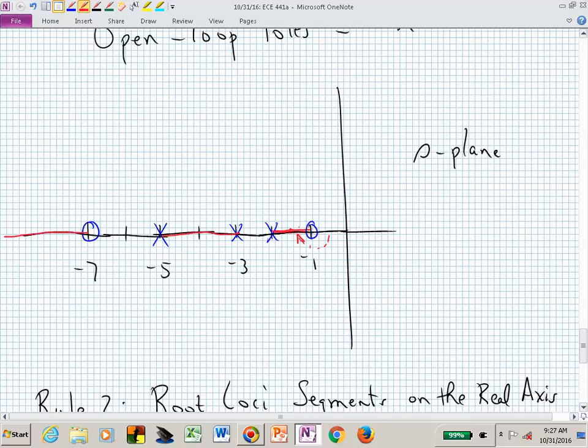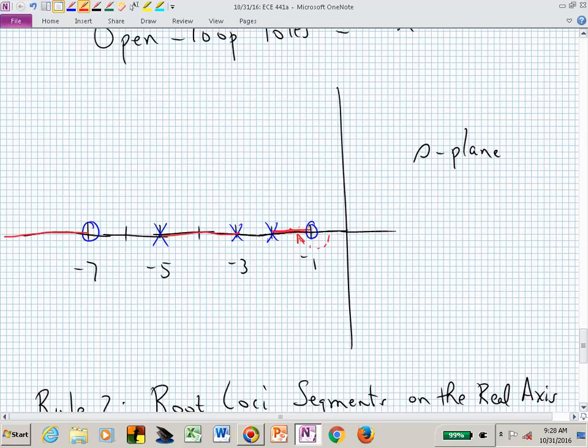Those are the segments. The real axis segments, boy, that's a pretty bad straight line, isn't it? Looks much better if I just zoom in here locally, but if I stand back and look from your perspective in the back of the classroom, you can do a better job of sketching. Let me give you that before we get any further.